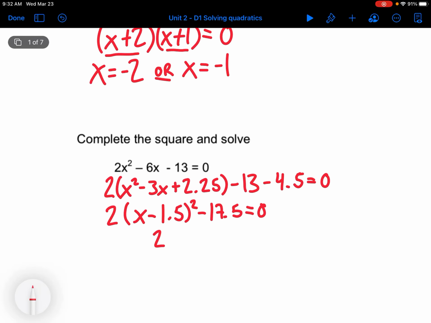So we're going to start by having 2 times x minus 1.5 squared equals 17.5. I'm doing reverse BEDMAS here to solve for x. And then I'm going to divide by 2. So I'll get x minus 1.5 squared equals 8.75.